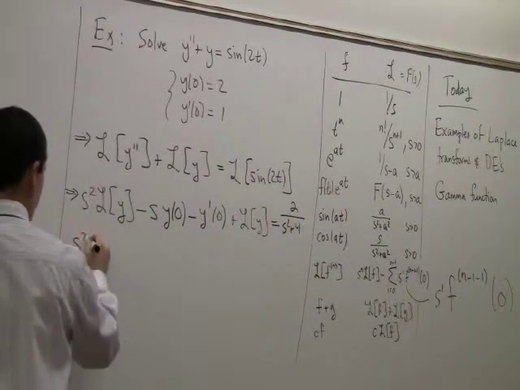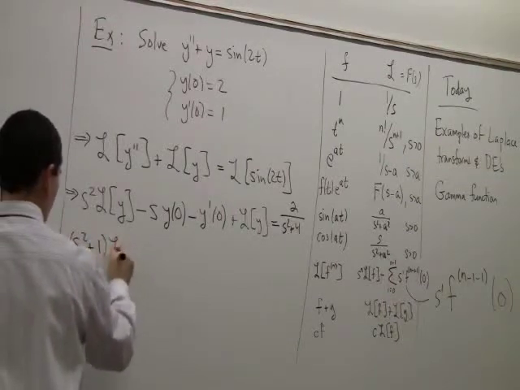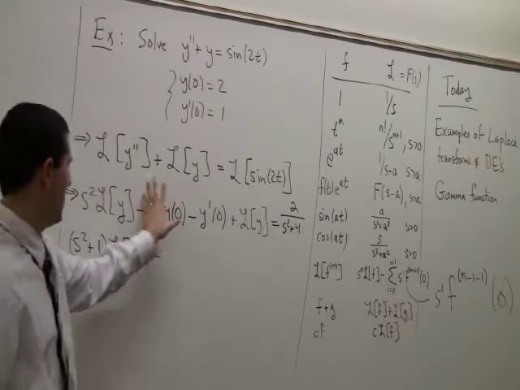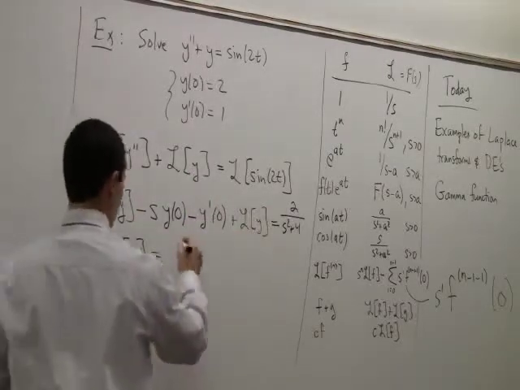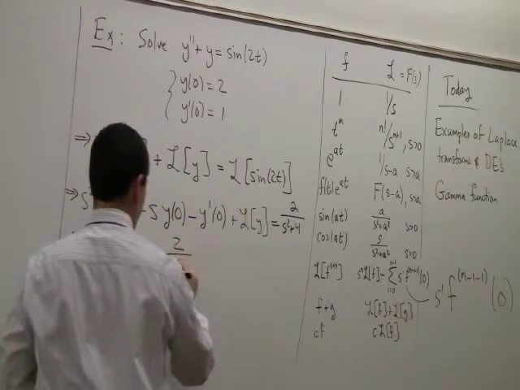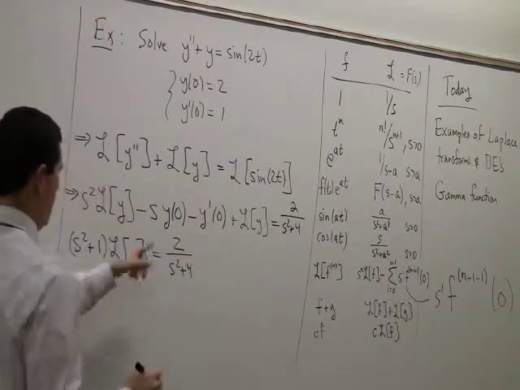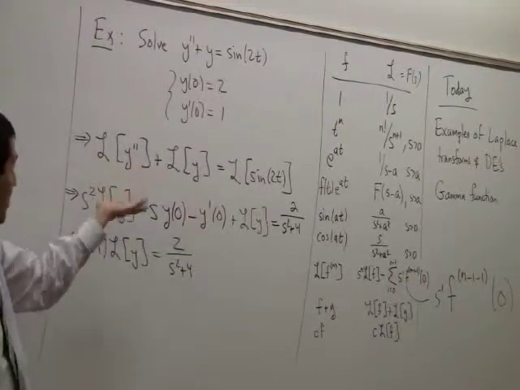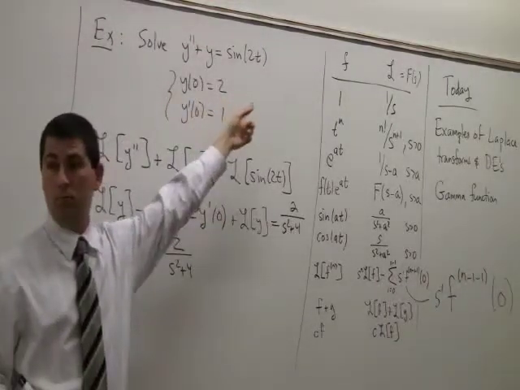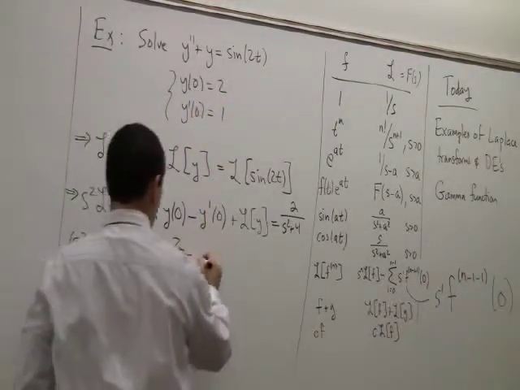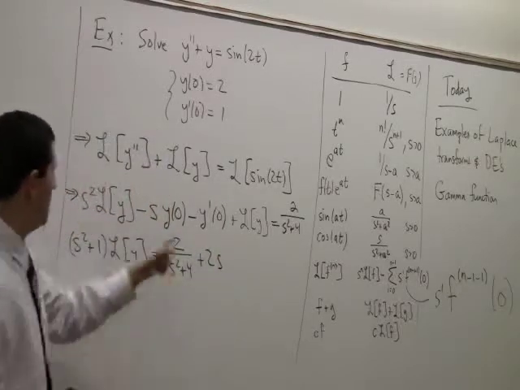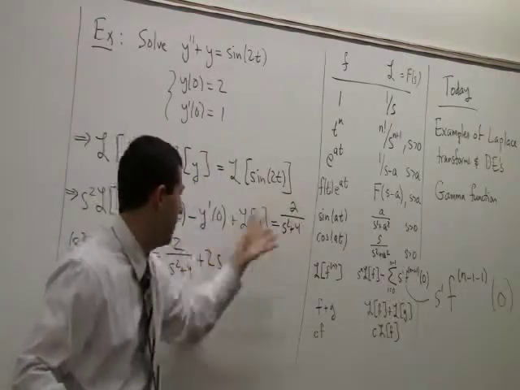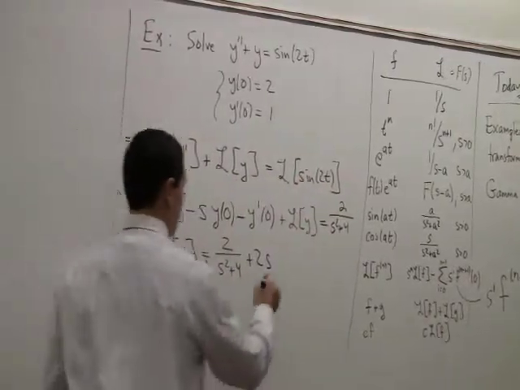You get s squared plus 1 times L of y equals, let me put all these things on the other side. So you have 2 over s squared plus 4. And then you have a plus s times y of 0. But y of 0 we know. Y of 0 is 2. So it's just plus 2s. And then minus y prime of 0, which is just 1. Well, the minus becomes a plus because we move it over, which is just plus 1.